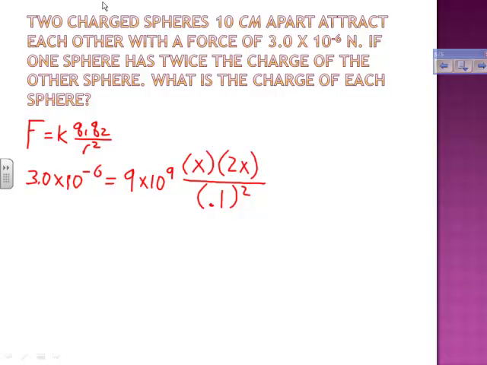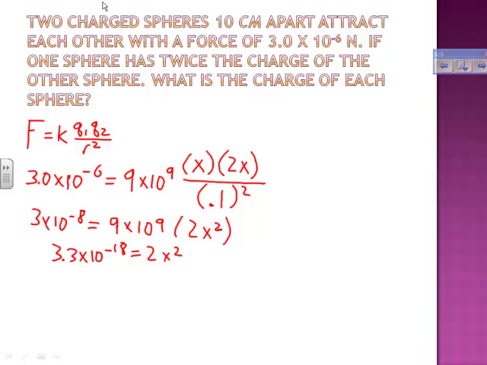Now, the first thing I would do in this case is multiply both sides by 0.1 squared. If I do that, I get 3 times 10 to the negative 8 equals 9 times 10 to the 9th times x times 2x, 2x squared. Now divide both sides by 9 times 10 to the 9th. I get 3.3 times 10 to the negative 18th equals 2x squared.